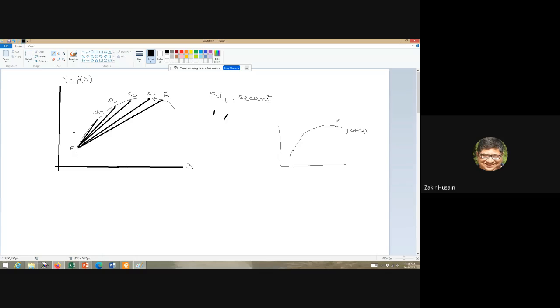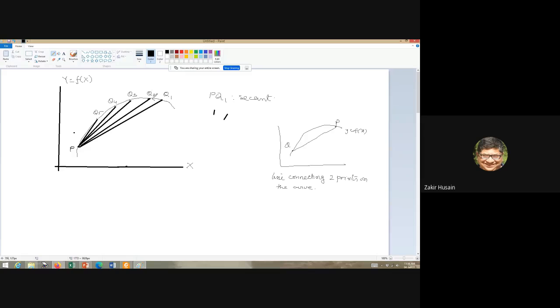And you take any 2 points over here, P and Q, and you draw a line connecting P and Q. So a secant is a line connecting 2 points on the curve. Clear? Yes, sir. So over here, I'm taking a secant, PQ1.